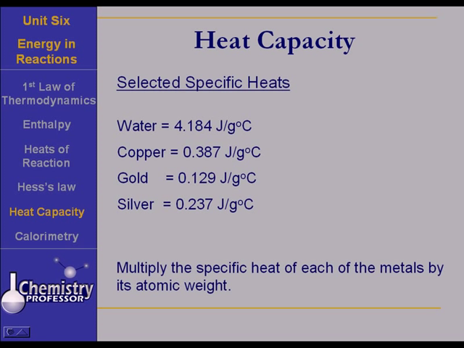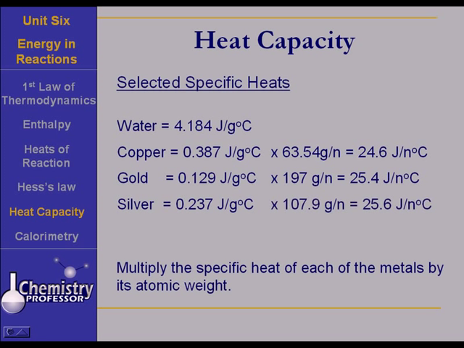Now, I want you to multiply the specific heat of each of the metals by its gram atomic weight. And when you do, of course, what you're doing is converting to the molar heat capacity. So I multiply that. We find the molar heat capacity of copper is 24.6 joules per mole degree Celsius. And for gold, it's 25.4 joules per mole degree Celsius.